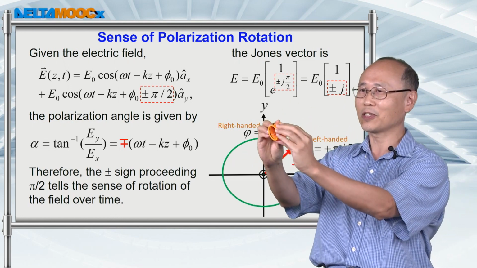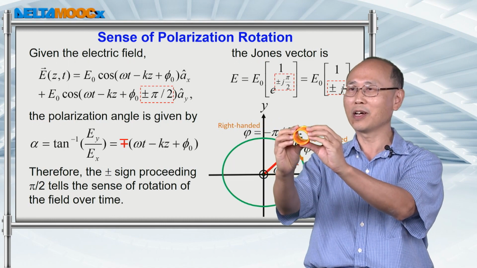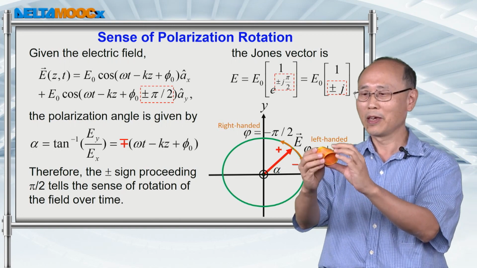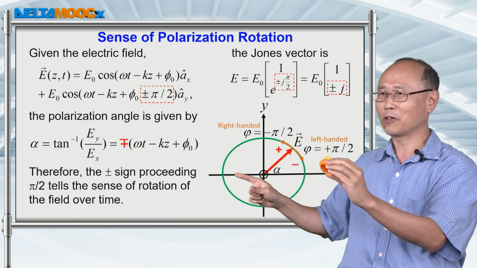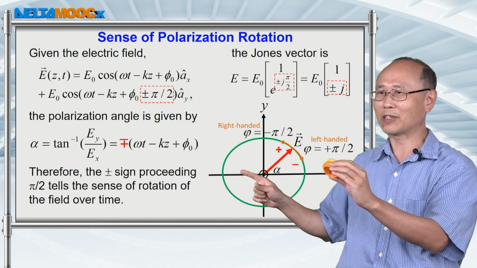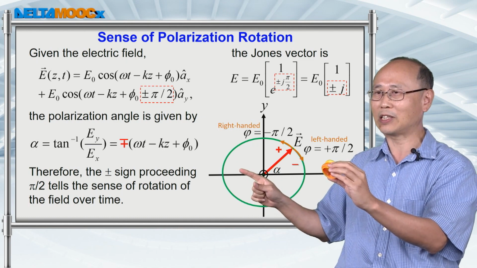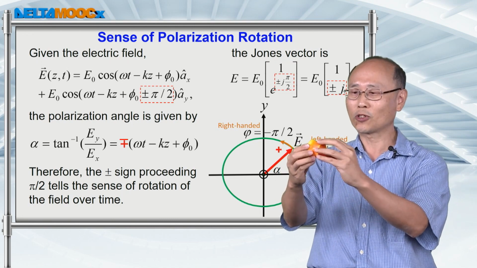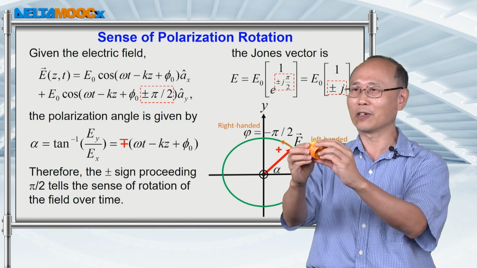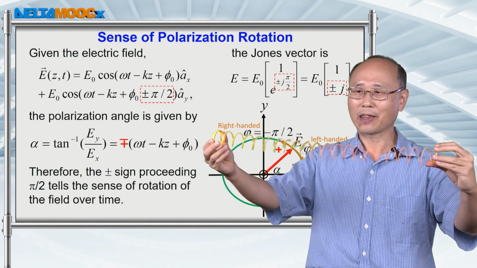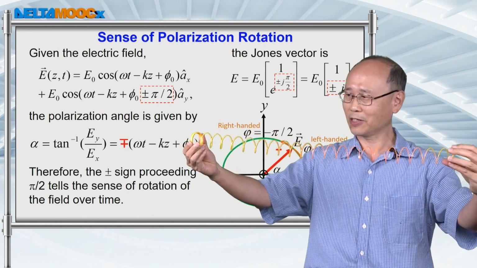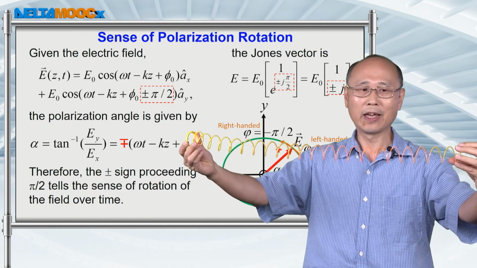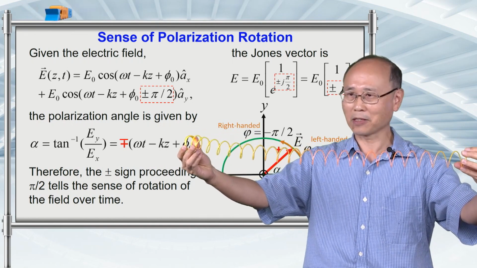So the circle of this magic spring is going to match the circle you draw on this whiteboard. And remember that this circle is the trajectory of the tip of the electric field of the wave. So think about that you draw the tip of the electric field over time, and you have a wave that looks like this. So you take a snapshot of the wave in space, and you'll be seeing this pattern.